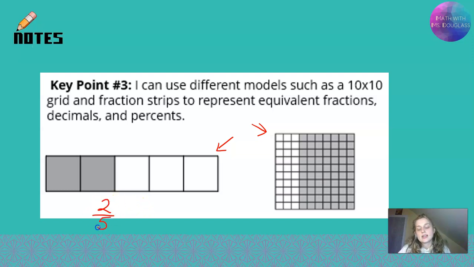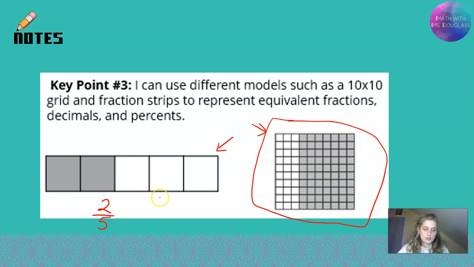And then if this was saying how much is shaded, change it into a percentage. Now we're going to be talking about these skills later. Today for pictures, we'll mostly be focusing on the hundreds grid. There will be a lesson later that focuses on pictures and fractions that are not out of 100.